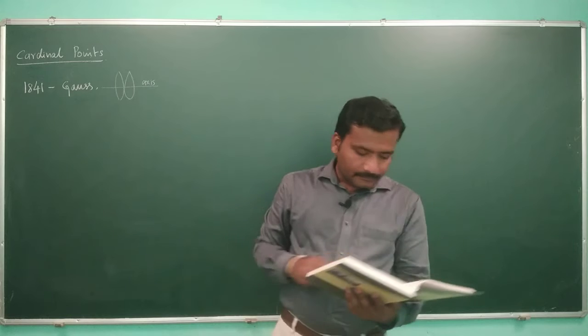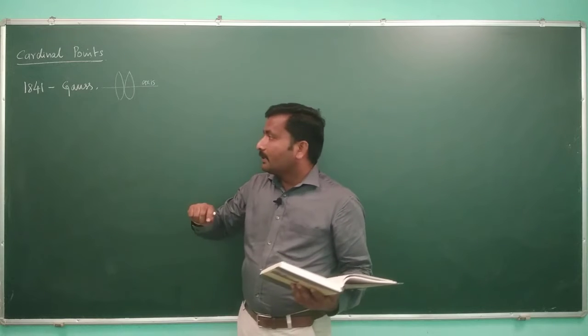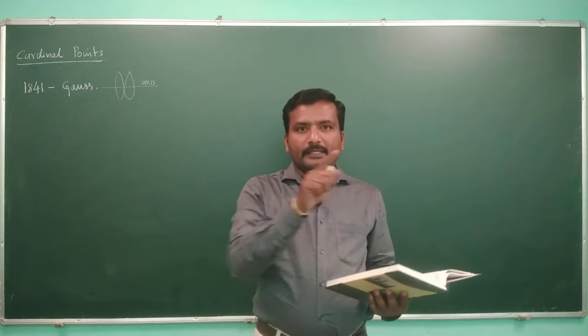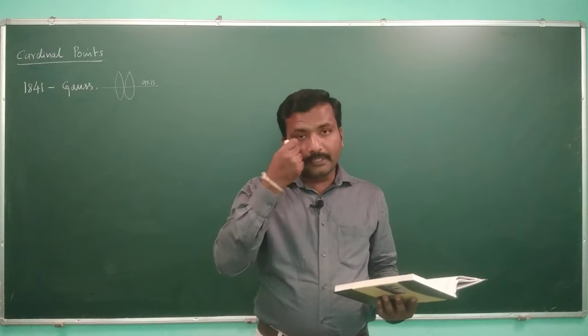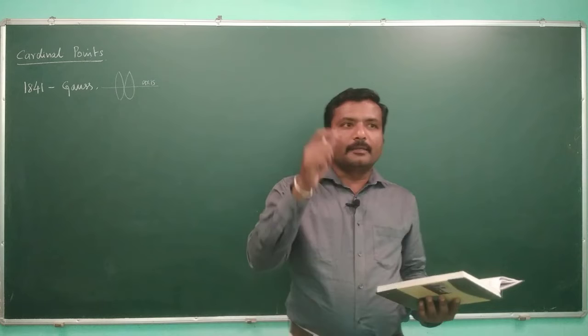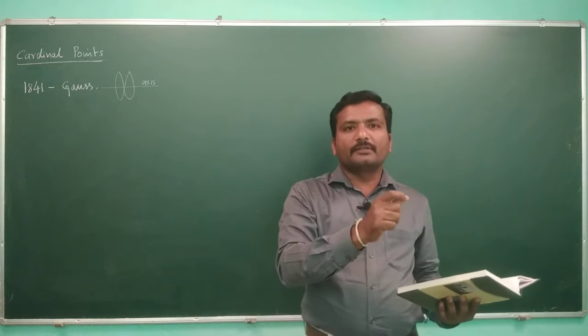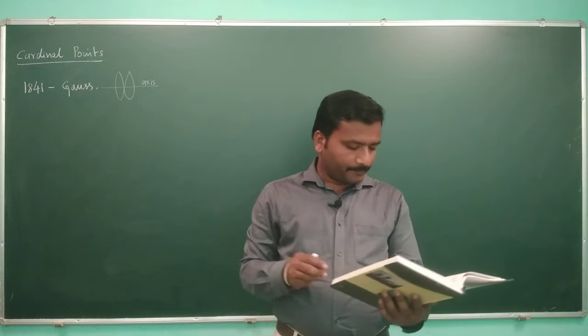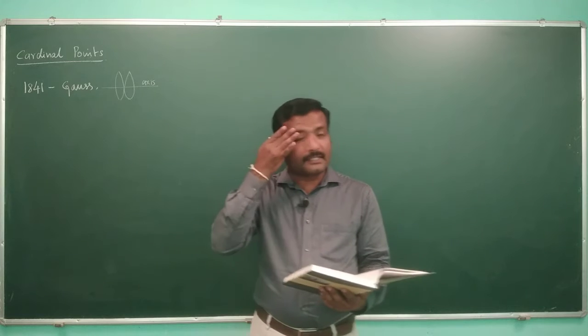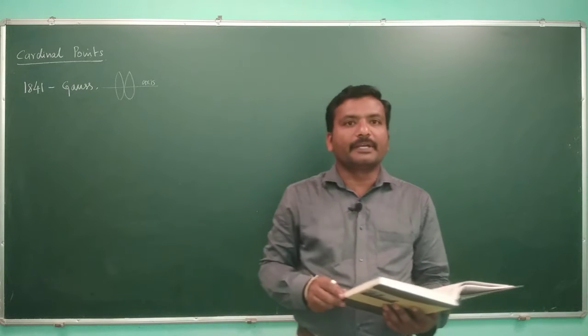Here, for focal length and other things, the distance will be measured from a point, right? That point is different from the point where the original refraction actually takes place. So there are certain points from which these calculations are made.